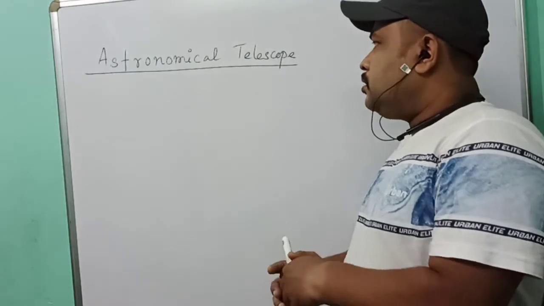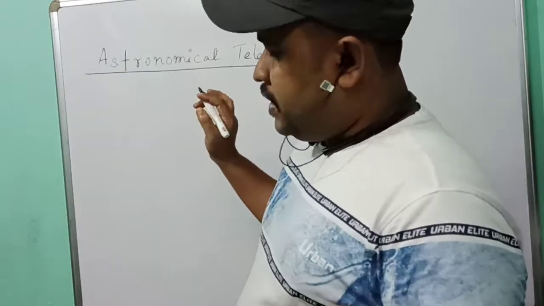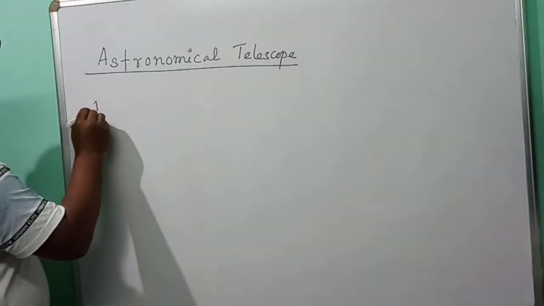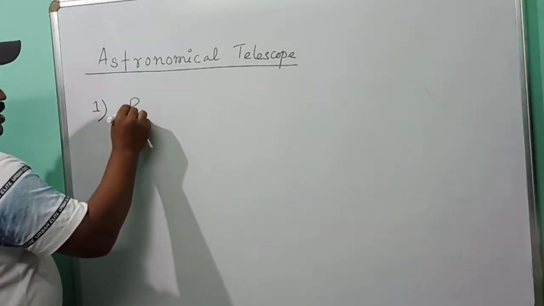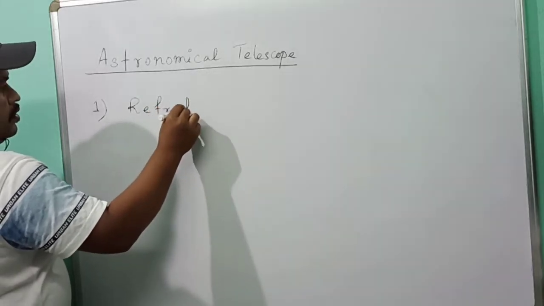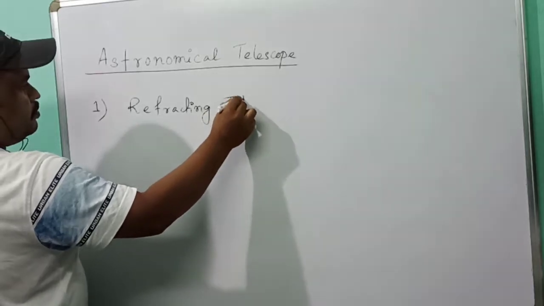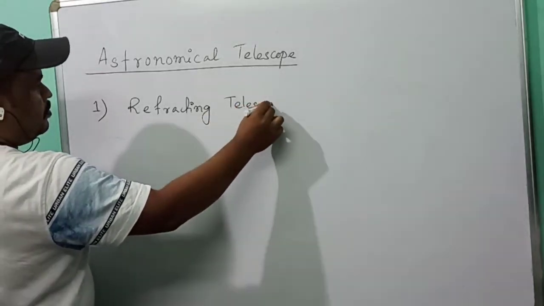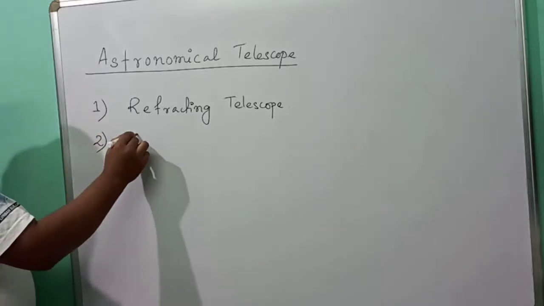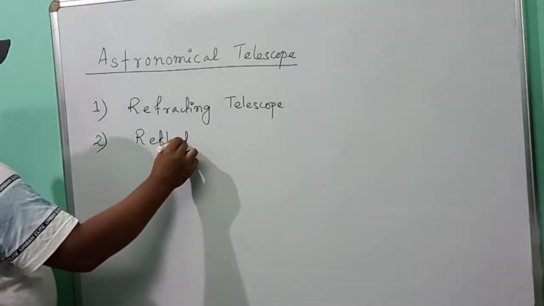Fine. Now this astronomical telescope is mainly of two types. One is the refracting type, or refracting telescope, and the second type is the reflecting telescope.